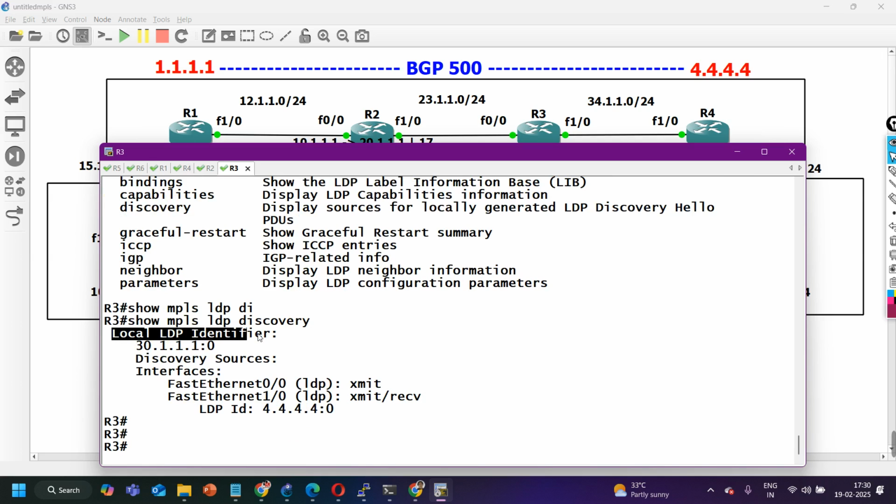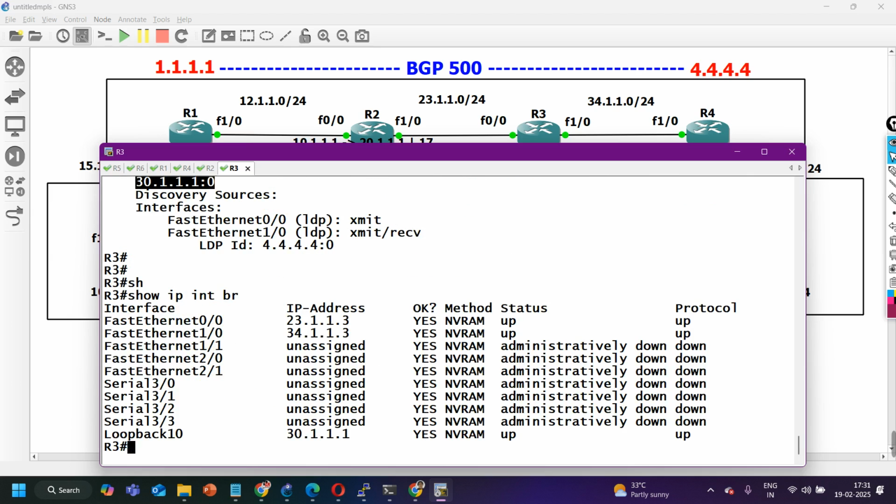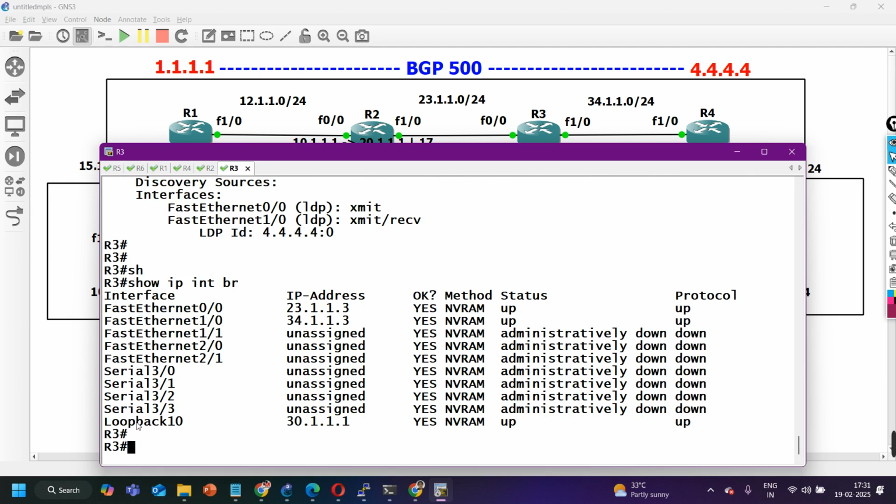Local LDP identifier is 30.1.1.1. So why has the router elected this IP address as the router ID? Maybe this is the highest IP address on the router, which will become the LDP router ID. So show IP interface brief. Yes, we have one loopback 10 where I am running IP 30.1.1.1.